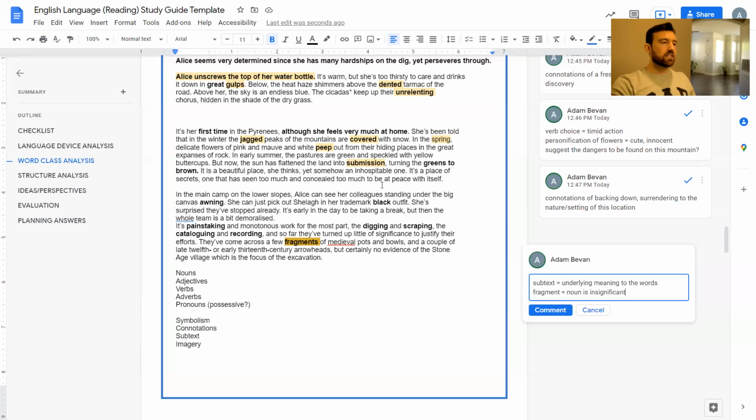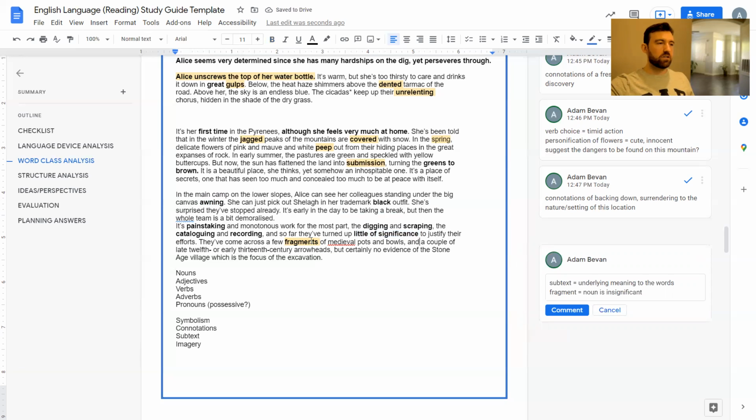So the subtext is that so far in this archaeological dig, there isn't much significance to anything that they found. And she sort of explicitly says this here, little of significance, but she also implicitly says that through the fragments and words like that. It kind of shows that there's not much to this dig so far.